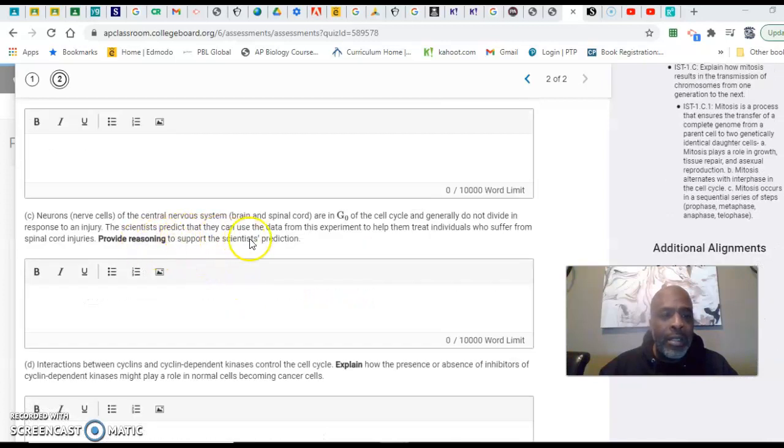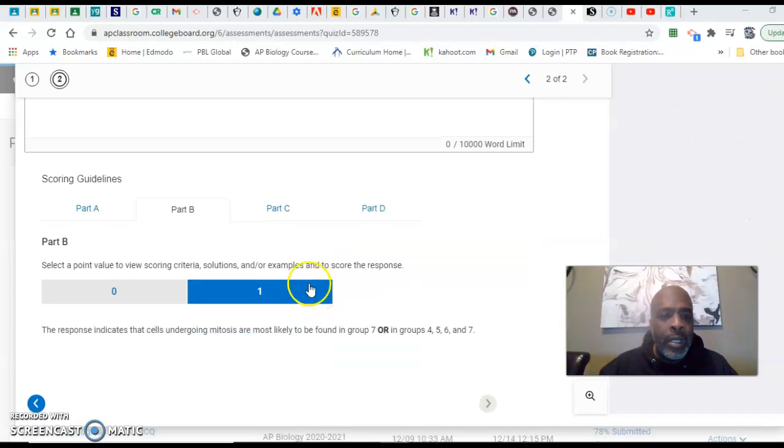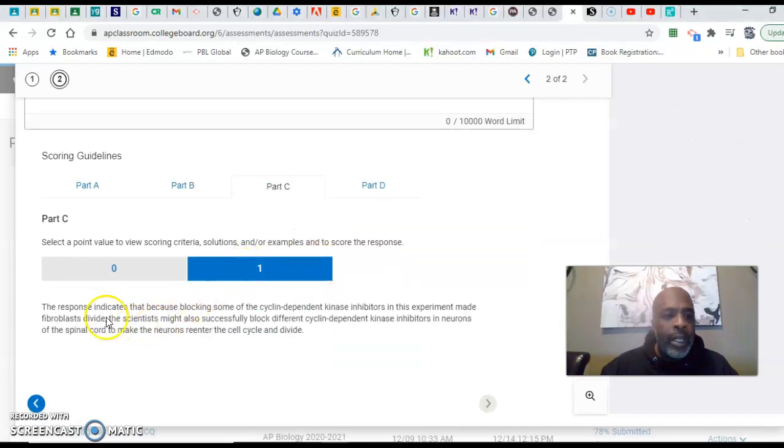So provide reasoning to support the scientist's prediction. Let's go to C. We'll say the response indicated that because blocking some of the cyclin-dependent kinase inhibitors, which are 18, 21, 27, made fibroblasts divide, the scientists might also successfully block different cyclin-dependent kinase inhibitors in neurons of the spinal cord to make the neurons re-enter the cell cycle and divide.